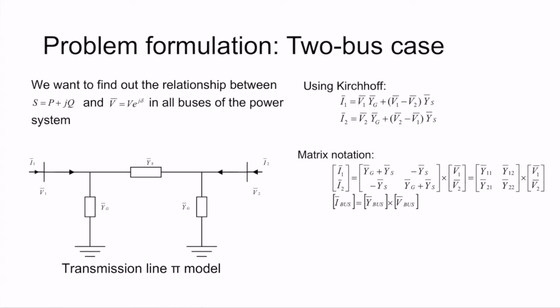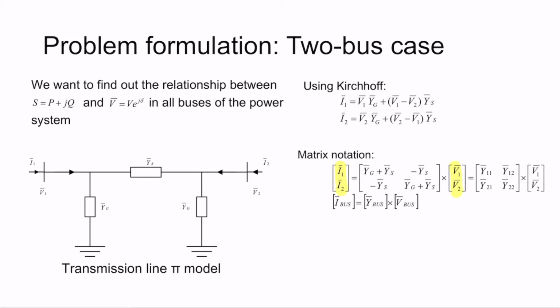The next thing I want to do is write a matrix form of these two equations. I just write my output vector, the vector of currents. Remember, every element is a complex number, so this matrix is a matrix of complex numbers. Then I just multiply by the voltages.